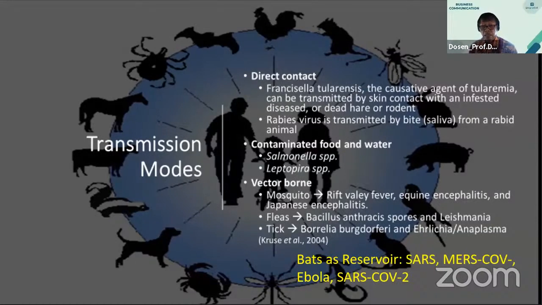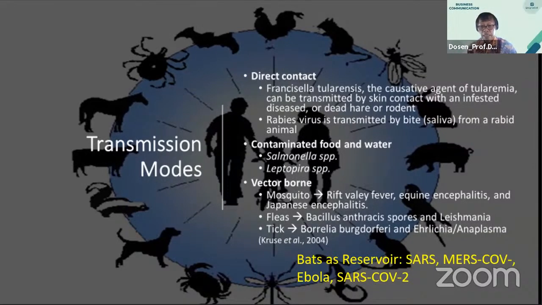Also through ticks. And then last, we have a problem with reservoirs, like bats and rats as reservoirs for many different diseases. Bats are a reservoir for SARS, MERS-CoV, Ebola, and SARS-CoV-2.